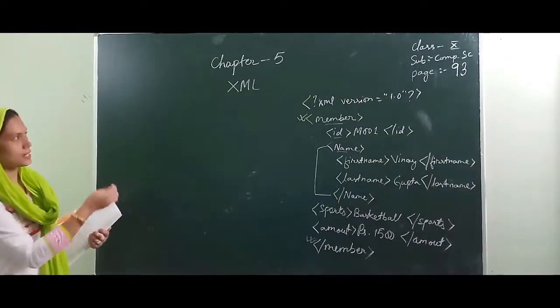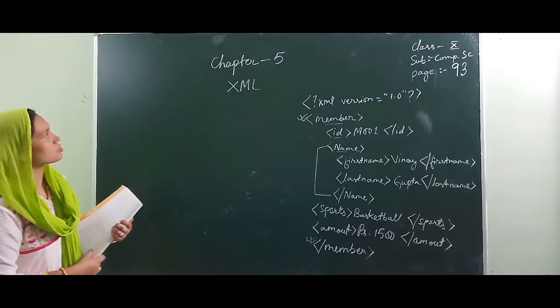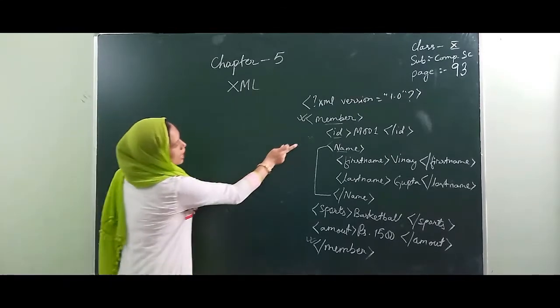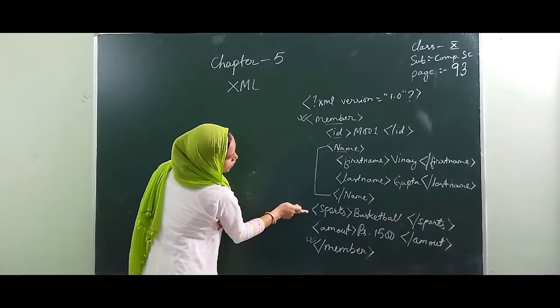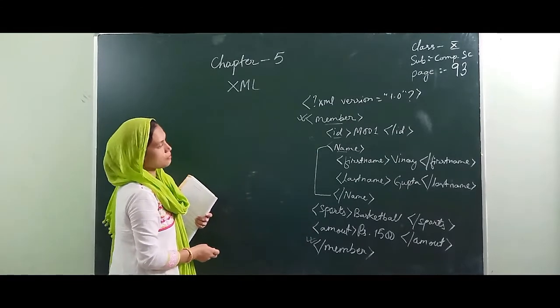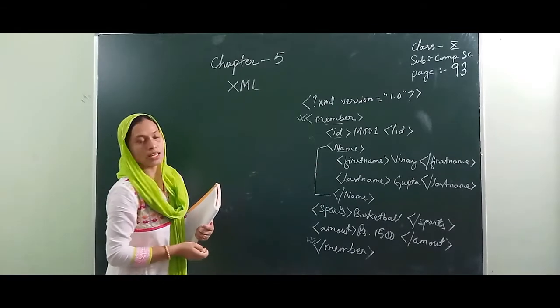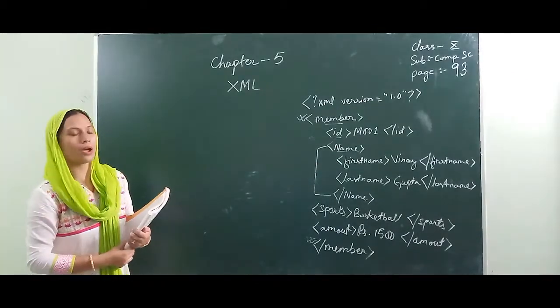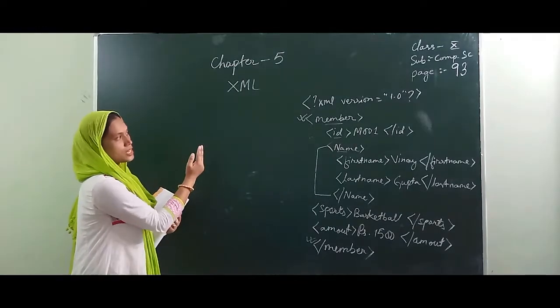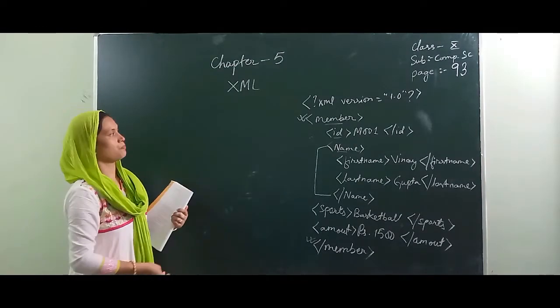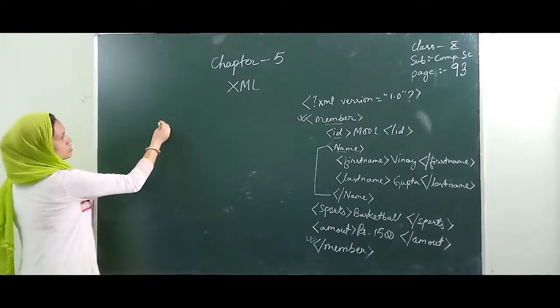So let's create a tree structure of this code. Here member is the root element, ID, name, sports and amount are the child elements, and this first name, last name are the subchild elements. And one more thing that you have to remember is that for each and every opening tag there should be a closing tag, or the end tag. So let's start to create the tree structure.